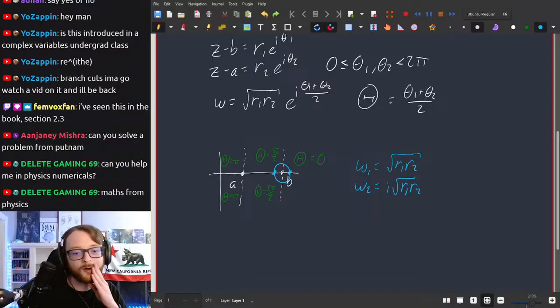Is that why? Oh, okay. So A is 2 pi. The angle measured from B, isn't that also going towards 2 pi?